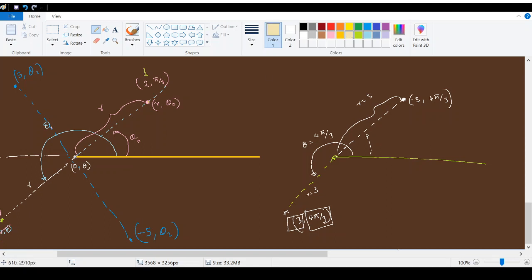Or if we have a point in here with a certain radius, let's say 8, and with another angle, and so this angle will be the value of this one, right?